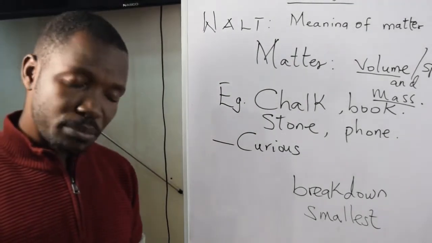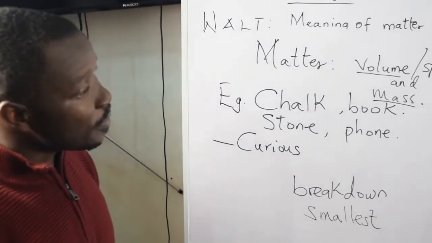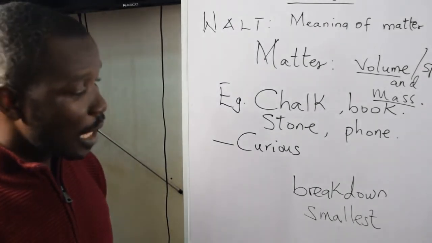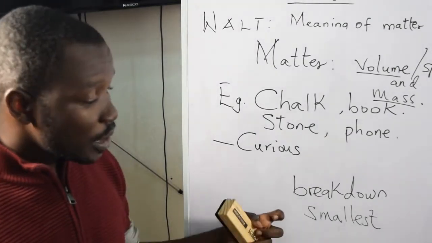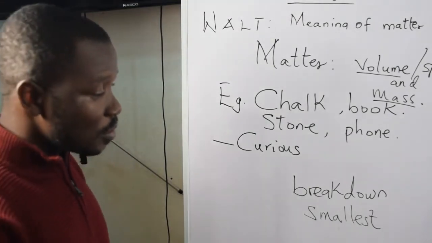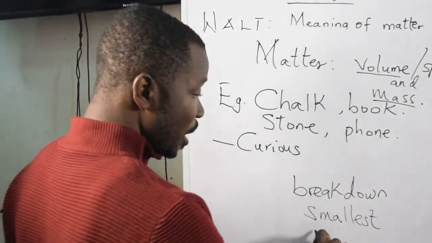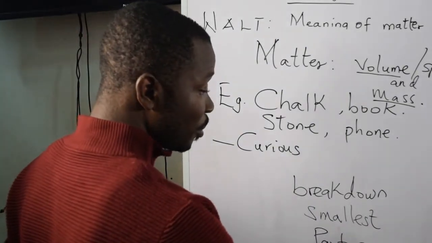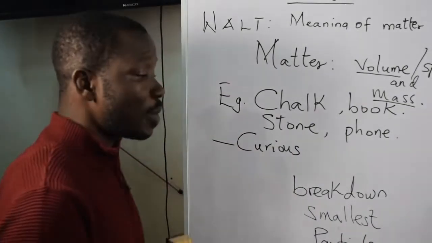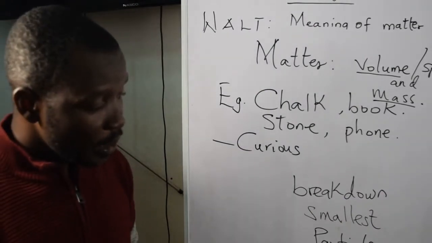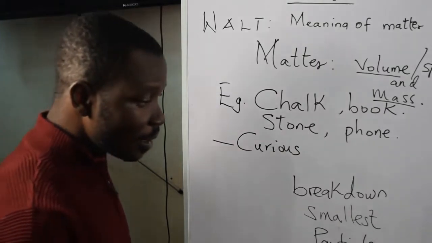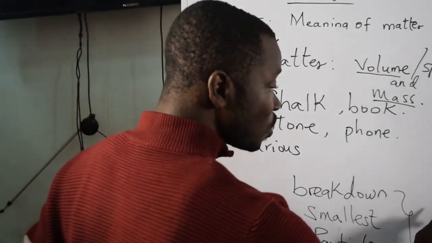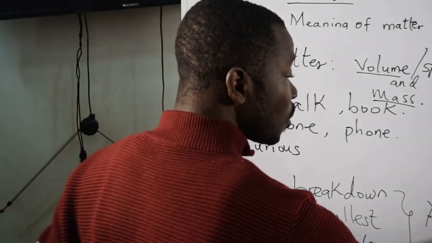And when we were in JHS, we looked at the definition of what an atom is, the name we give to the smallest particle. So we have an example of matter. We break it down, we get the smallest particle, and that is what we refer to as atom.